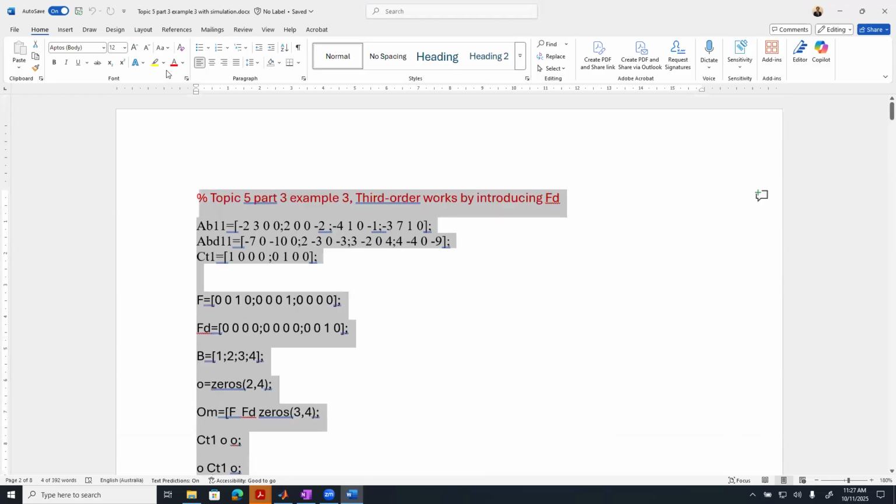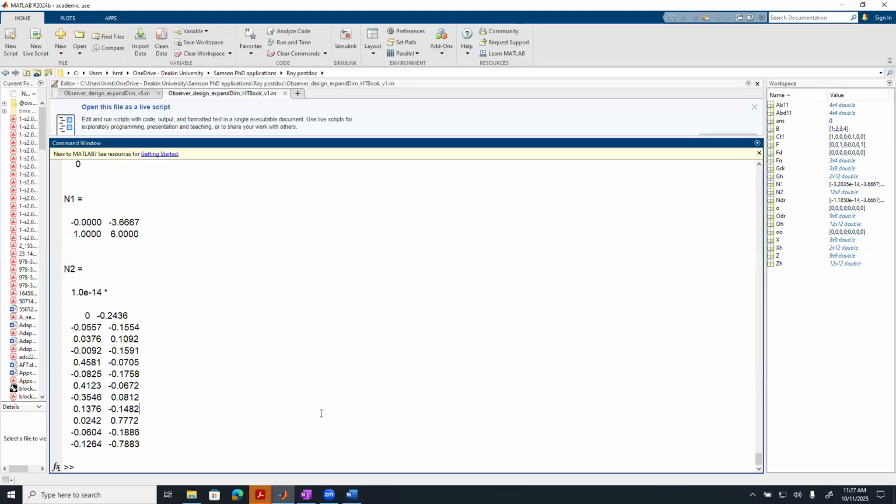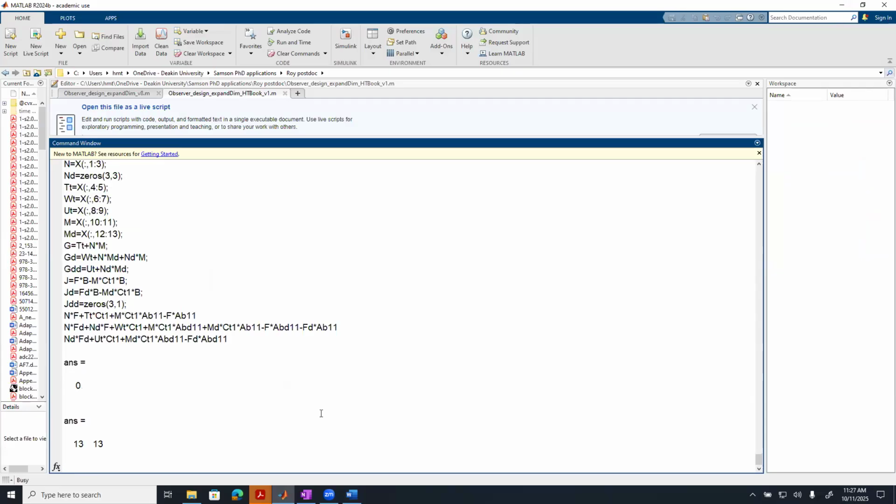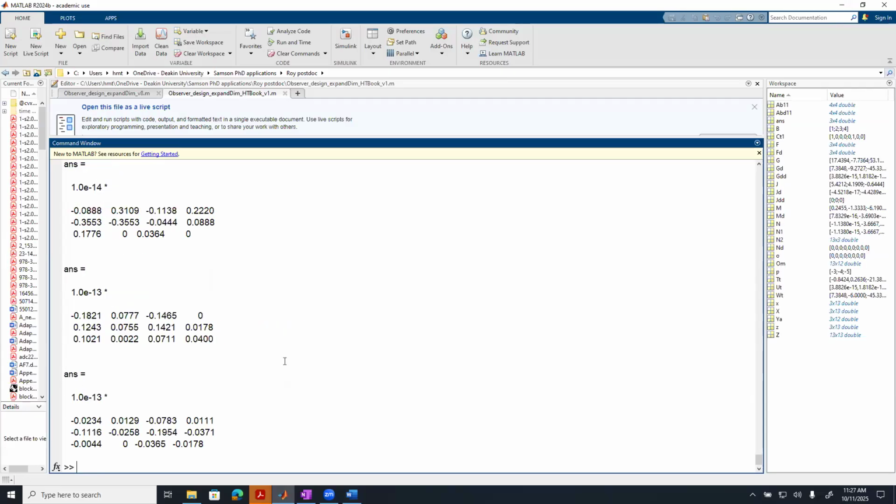So let's run this. That coding is basically based on the development of topic 5, part 1, which is chapter 13 in our book. Okay, so now I clear it and run it, and there you go. The conditions all verify.